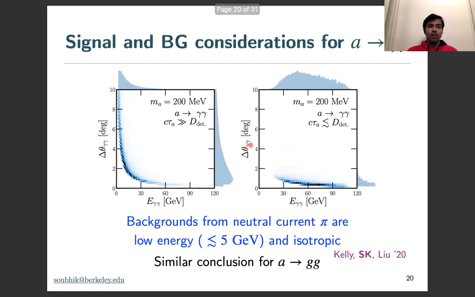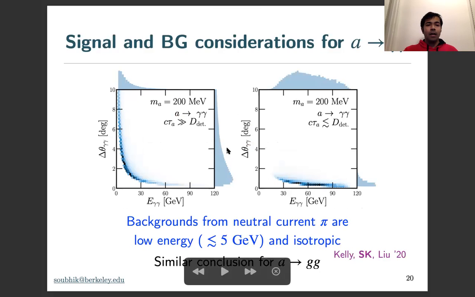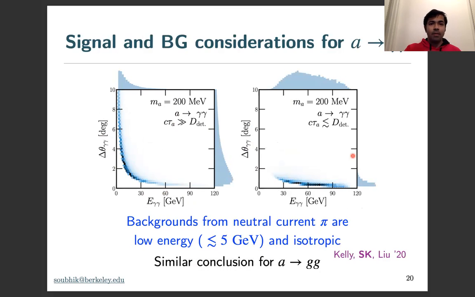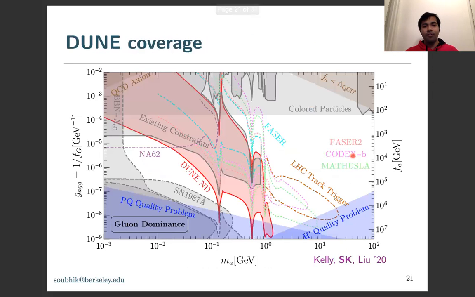So just to show a plot, here again, for different lifetimes, we are plotting the opening angle of the photon pair, for example, and the energy of the final state. And you typically see that you have large energies and smallish opening angles depending on the lifetime. So that's the main reason why the backgrounds can be handled here. And again, for more details, I would refer you to our paper.